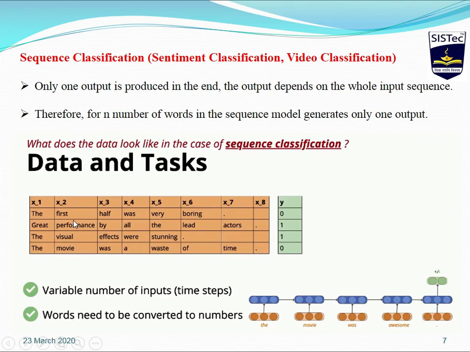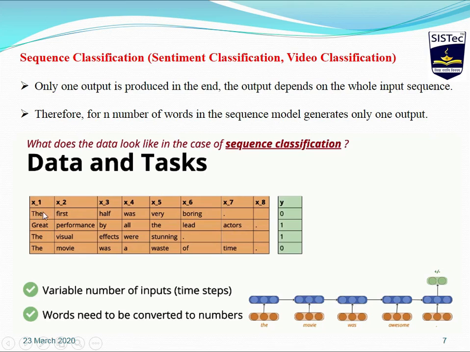Now, before passing this data to the model, first we need to pre-process the data. Here we are facing two challenges. One is that all the inputs are in the form of words. As we all know, the machine can only understand numbers, so we need to convert this text into numbers.